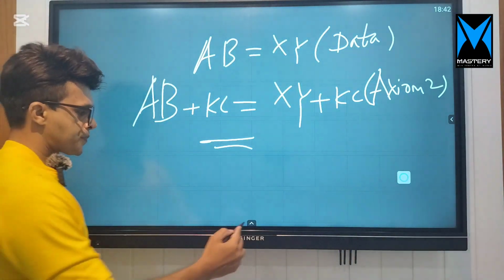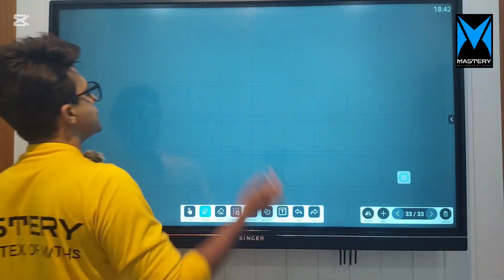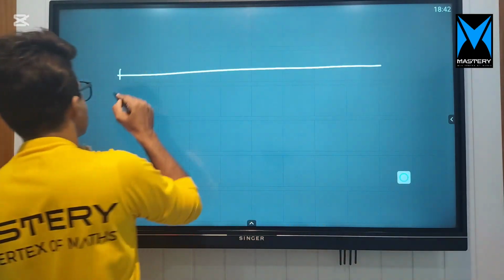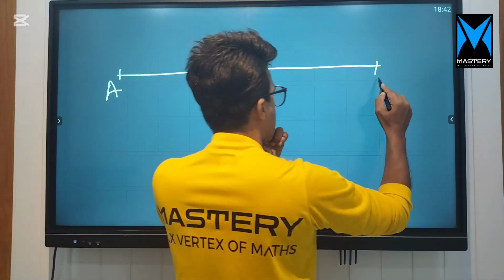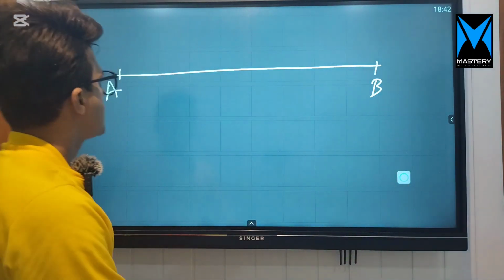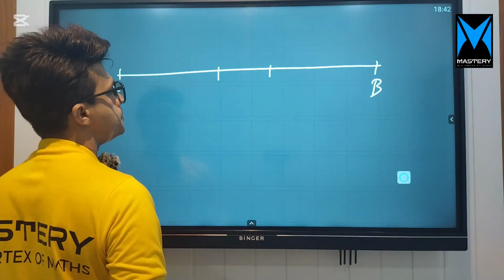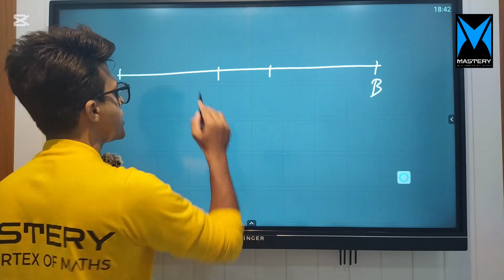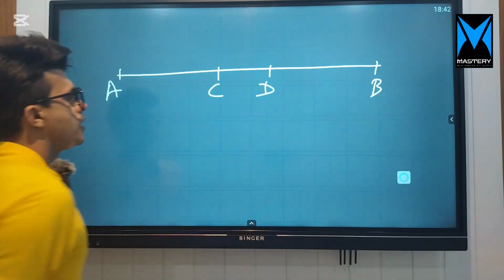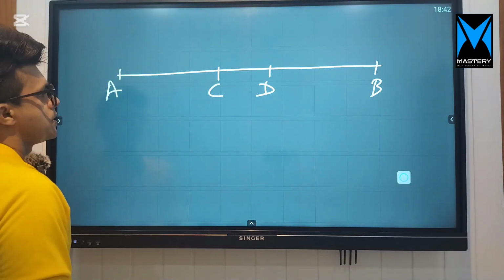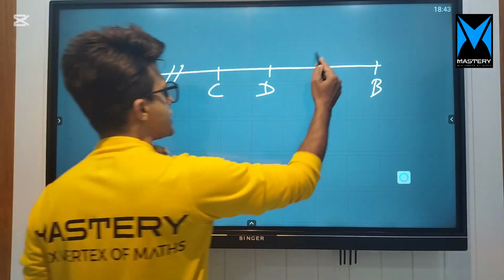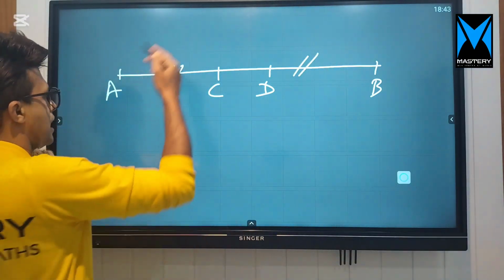Let's do a question. This is a question. It has been given, on this line AB, CD, that AC equals DB.